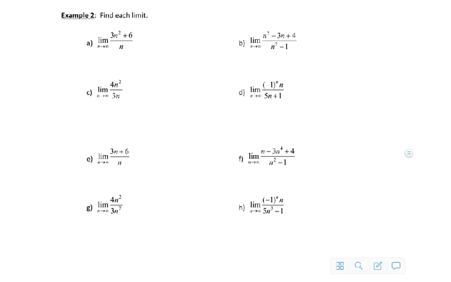Here's the way I like to do it. So in part A, I want you to notice that the biggest exponent of n is in the numerator. There's no limit. I'm going to go down the column here. In C, the bigger exponent of n is in the numerator. There's no limit. In E, the biggest exponent of n in the numerator and denominator is the same.